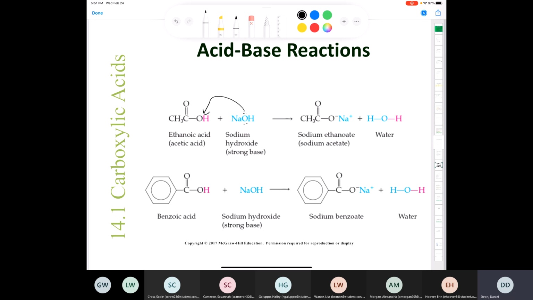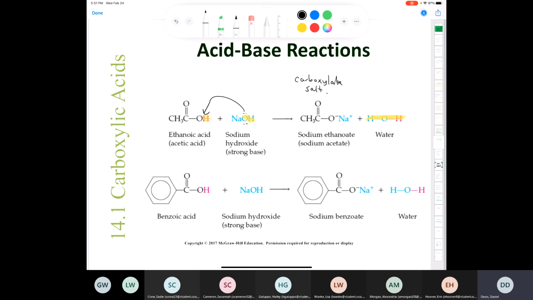It's going to take it. So what are you going to be left over with? You've taken the proton and you combined it with the hydroxide. You're left over with water. Well, what's left over from that then? You've got this portion, which is going to be here, the carboxylate, and you've got sodium cation. So you end up with the carboxylate salt, or the carboxylic acid salt, means the same thing, and water.